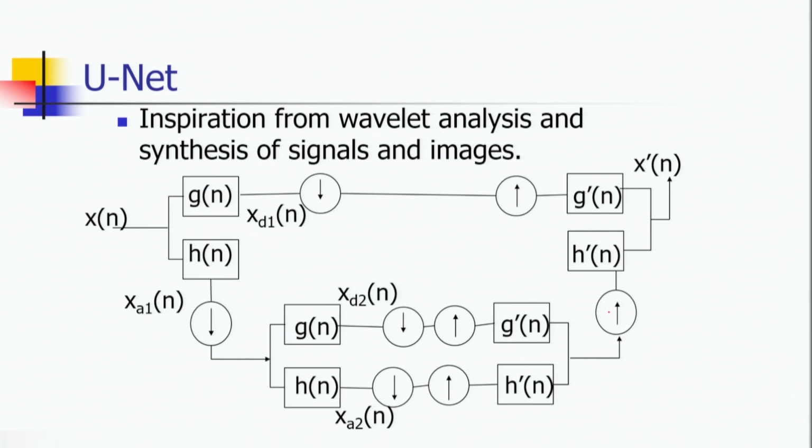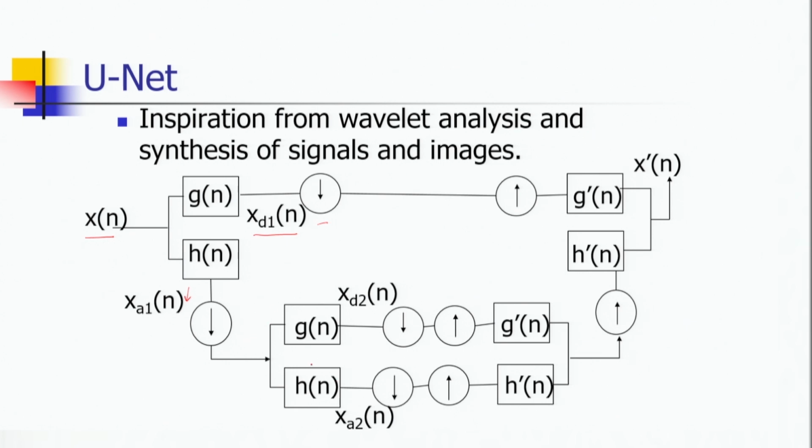Now there is another type of architecture which is also very interesting, and which we call UNet, and it is inspired by wavelet analysis, where, as we have already discussed, you can have the dyadic decomposition of wavelets, and again you can synthesize them. Given an input signal, you use the filters to get the high frequency components, which are details, and the low frequency components, which are called approximations, and then downsample them.